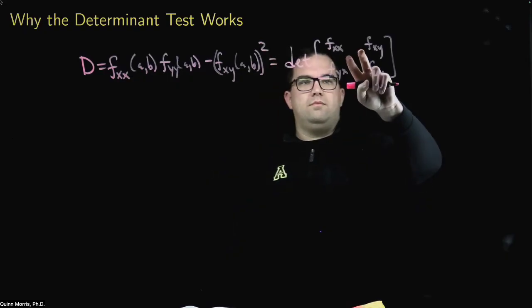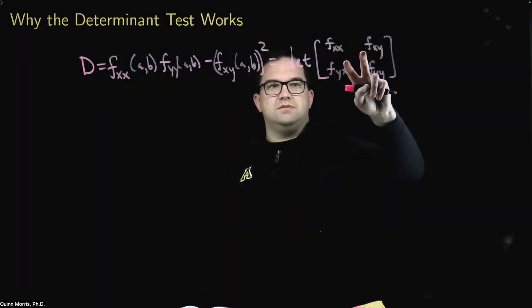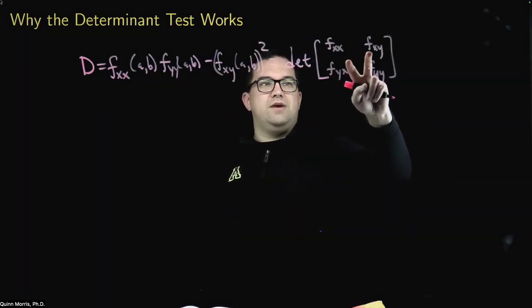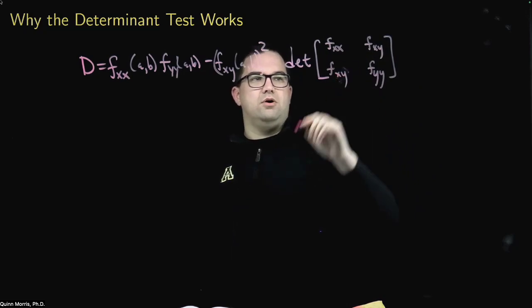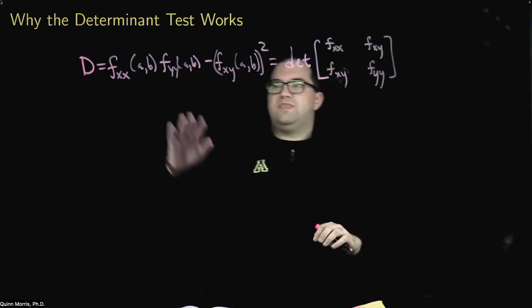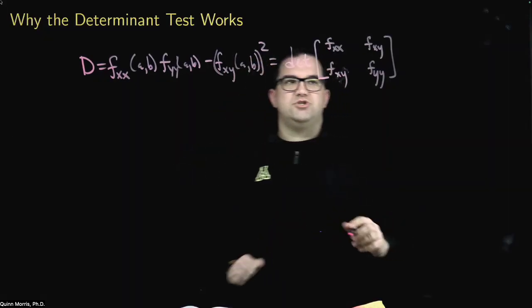But again, recall, because I'm in the case with continuous second order derivatives, these are equal to each other, so I can call this f_xy also. So this is just the determinant of the Hessian.